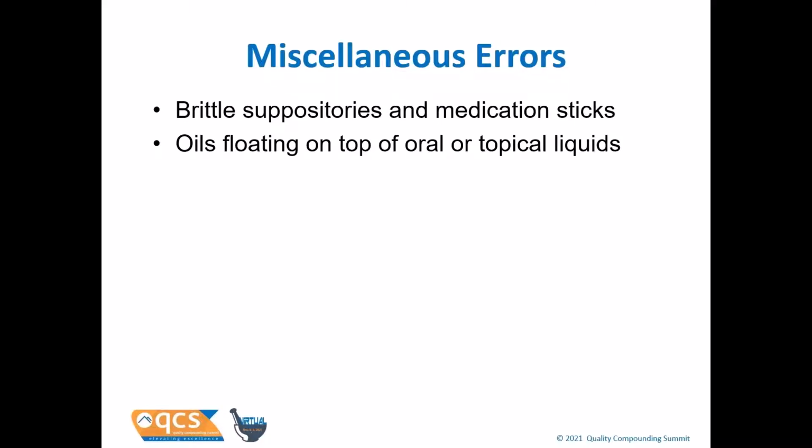If you have oils floating on top of an oral or a topical liquid, this can generally be corrected by adding a surfactant to it, especially if it's an aqueous product and you've got an oil. Add an oil and water surfactant to it, polysorbate 80, Tween 80, Tween 20, something like that should work fine.